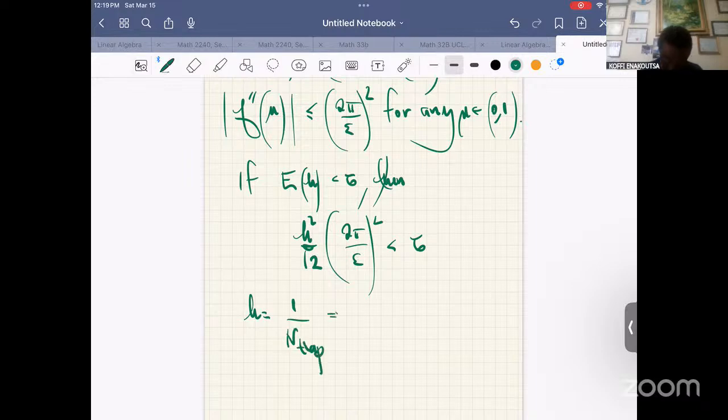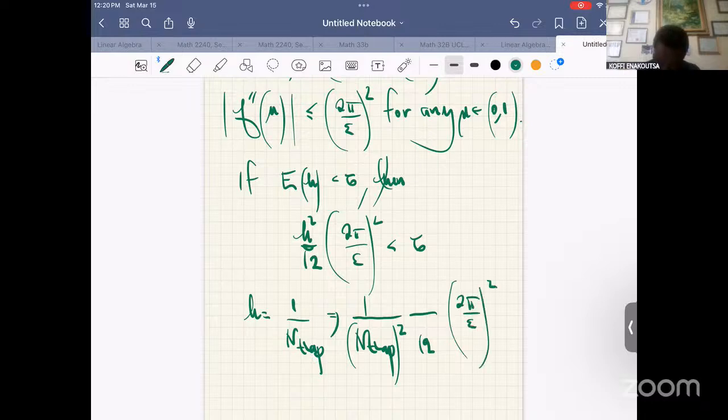I'll change it over here. So I have 1 divided by n_trap squared, divided by 12, times 2 pi divided by epsilon squared, smaller than tau.